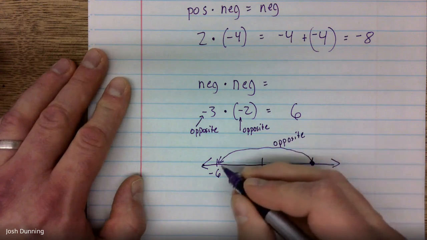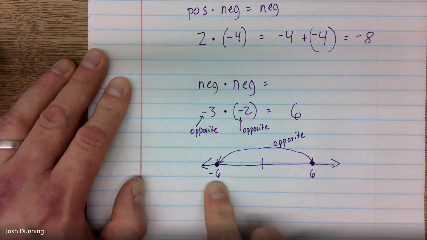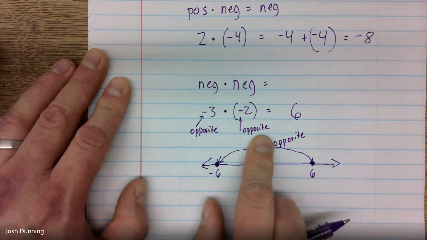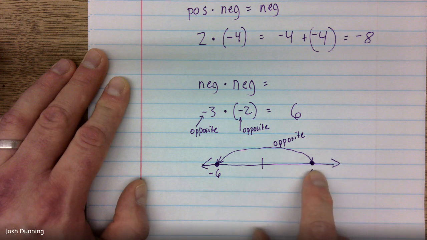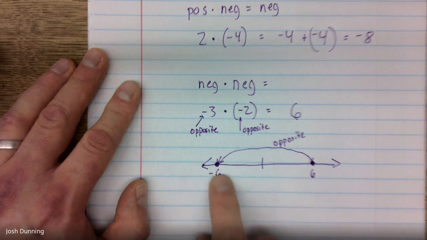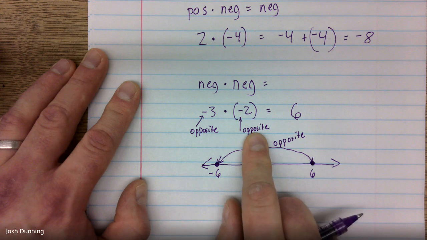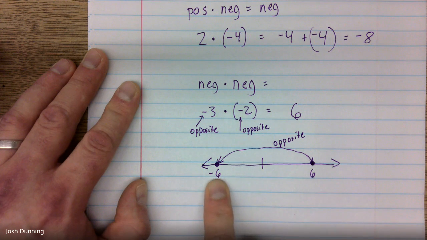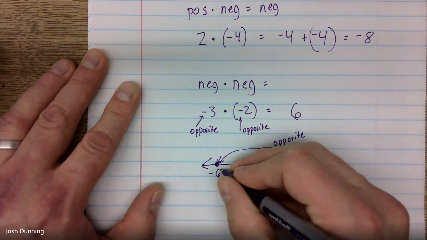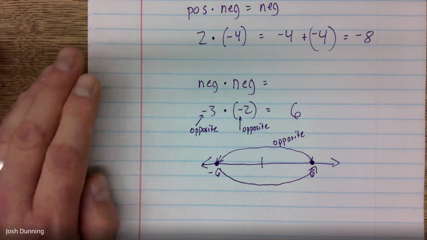The first opposite lands us back on -6. But we have two opposites here. So if I take the opposite, I land on -6. If I do that again, if I take the opposite of the opposite of -6, switches me back to +6.